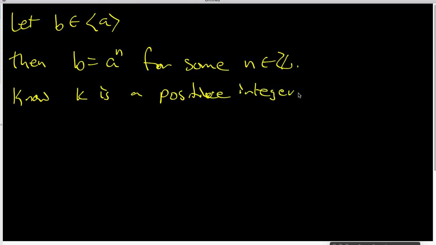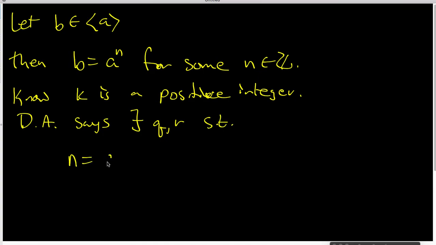And that's important because the division algorithm now says there exist q and r such that n is equal to q times k plus r, and 0 is less than or equal to r, which is less than k.